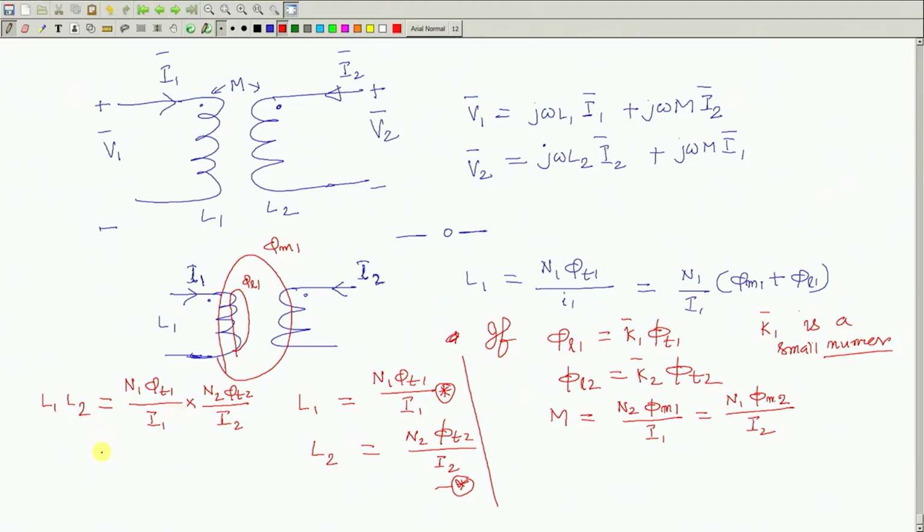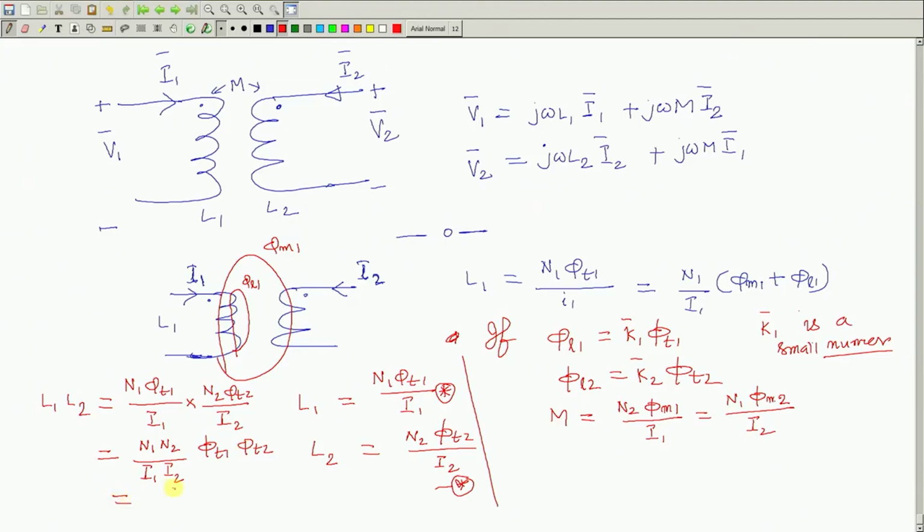And this can be written as N1 N2 by I1 I2 into phi T1 into phi T2, like this.